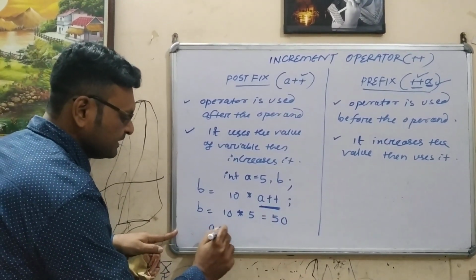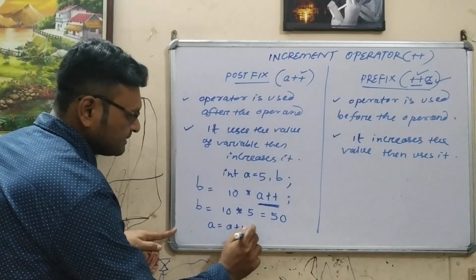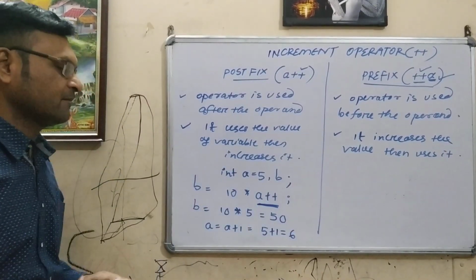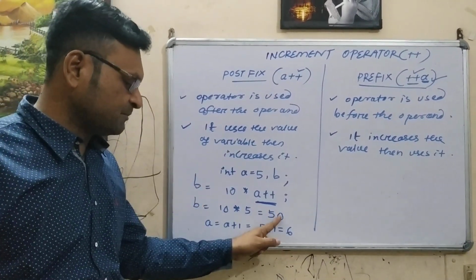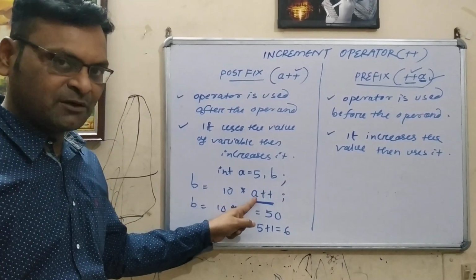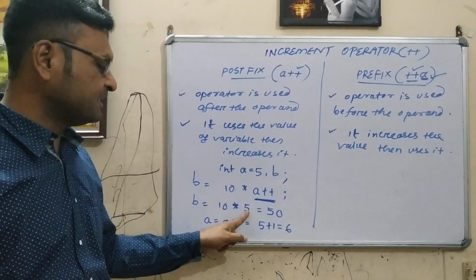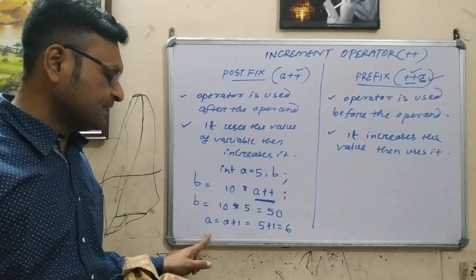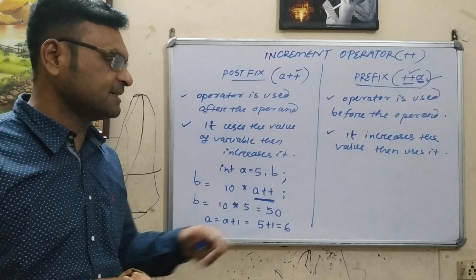Then a will be increased, that is 5 + 1, 6. Value of b is 50, value of a is 6. That means the present value of a, that is 5, is immediately used. So 10 * 5, 50. Then the value of a is increasing, a + 1, that is 6.